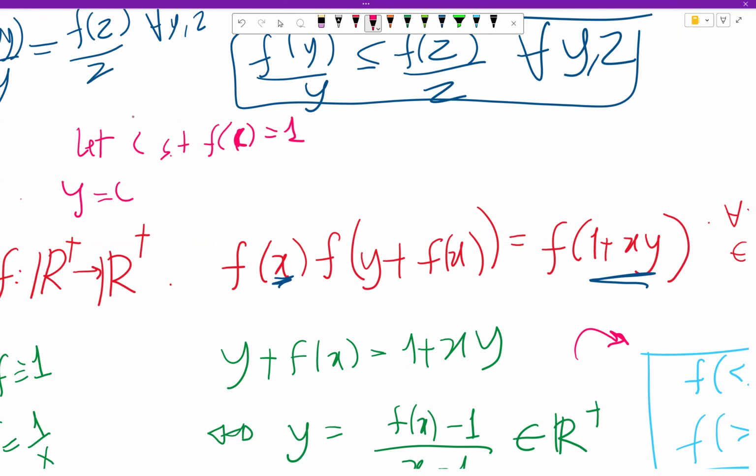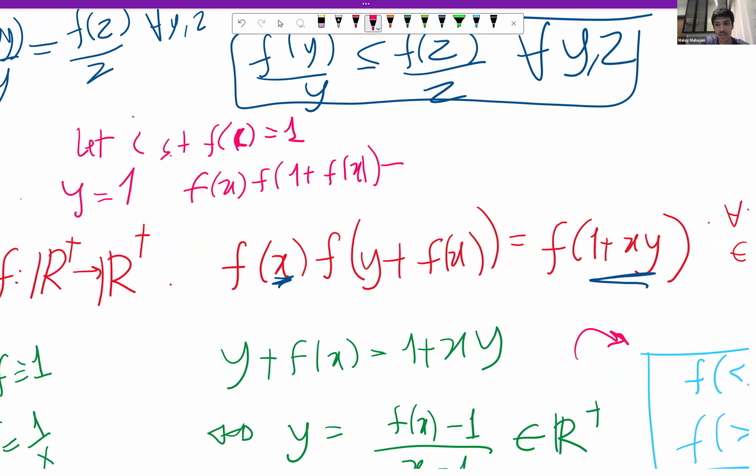Um, y as f of c. So f of c is just 1. Yeah. So okay, if you put that, you get f of x times f of 1 plus f of x is f of 1 plus x. But that doesn't really give too much information, right? Oh, yeah. But okay, that's a good attempt.